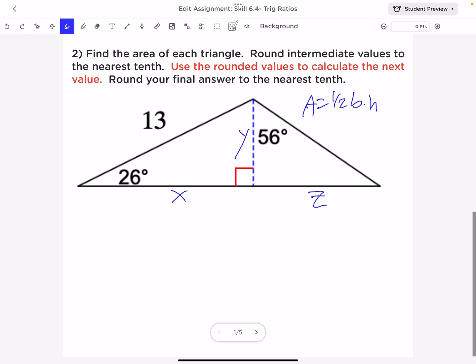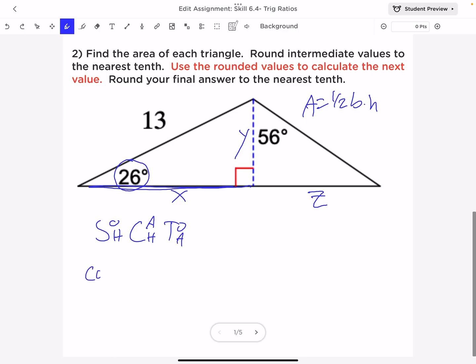So for x, we're working off of this angle, 26 degrees, and x is right next to it, so that means it's adjacent. Remember, we have SOH CAH TOA. In this case, because it's right next to it, we're going to use the cosine.